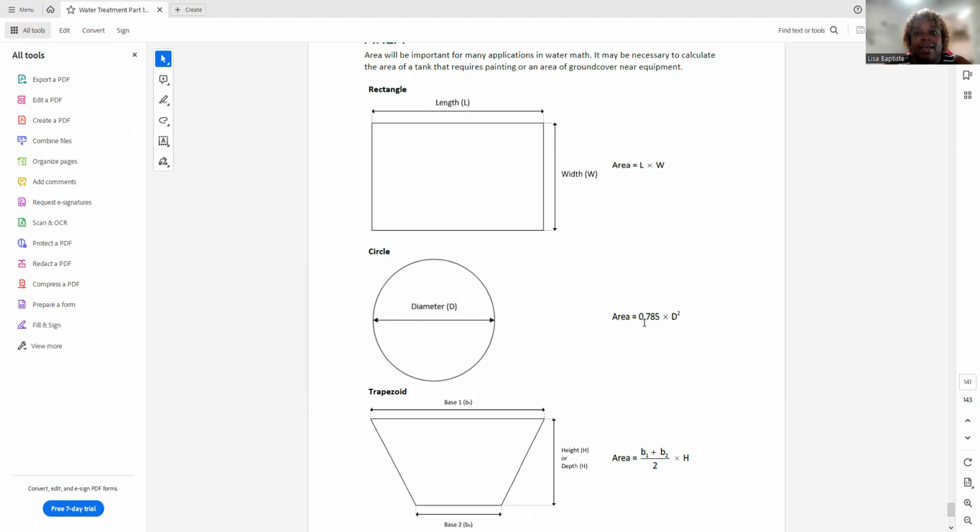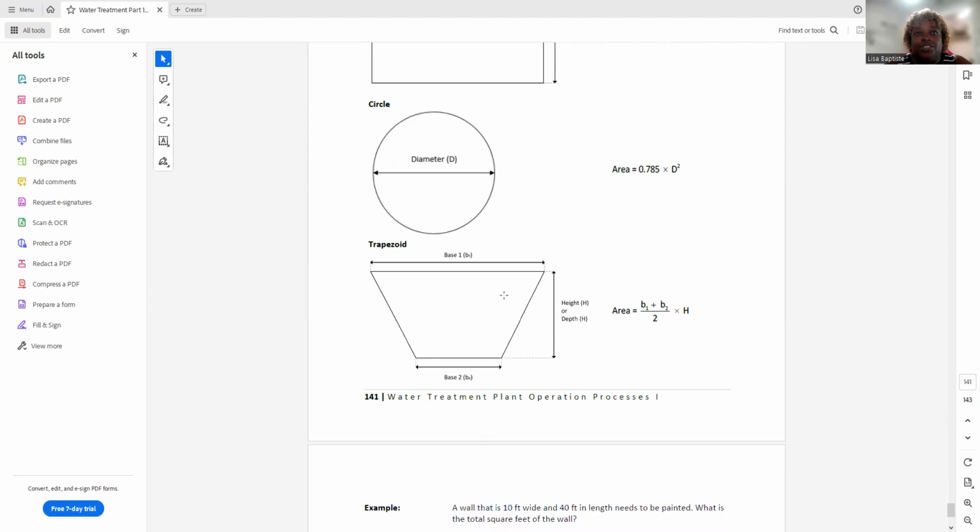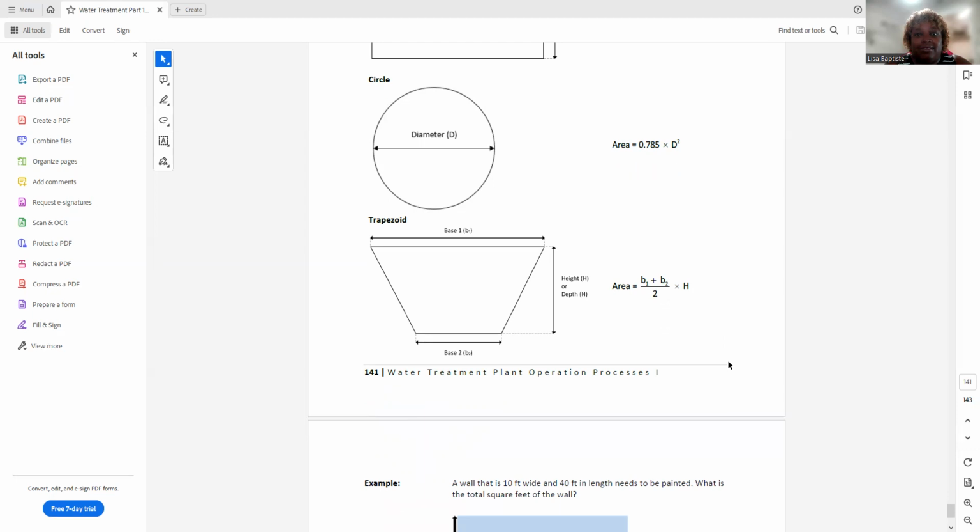So to find the area, it's 0.785 times d squared, where d represents our diameter. For a trapezoid, we have our base here. This is base 1, this is base 2, and this is our height. And so the area is equal to base 1 plus base 2 divided by 2 times the height, okay?